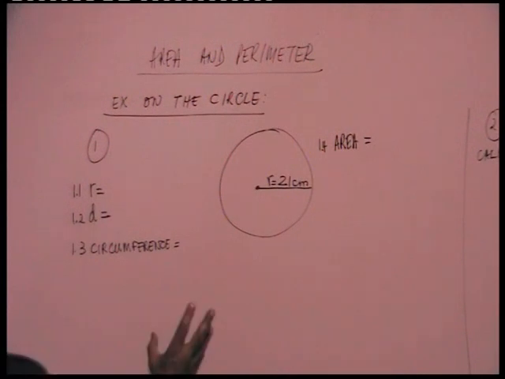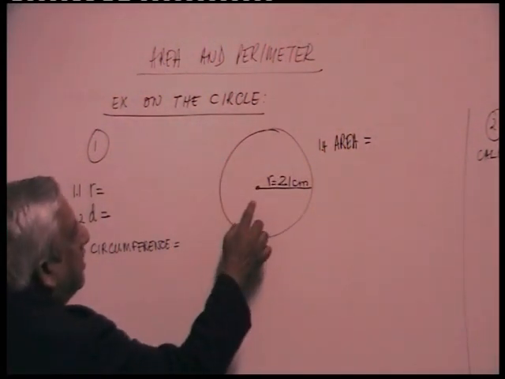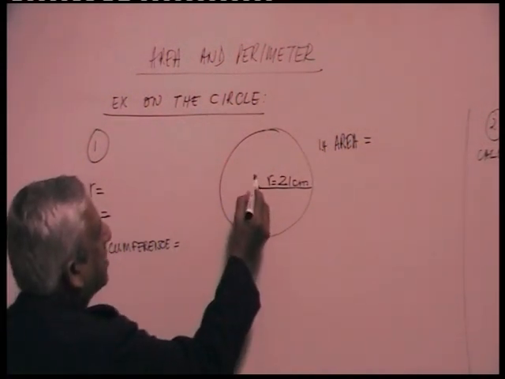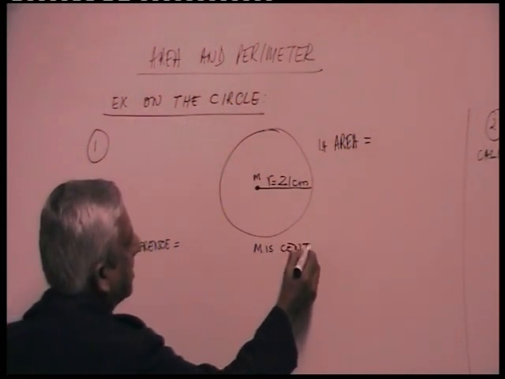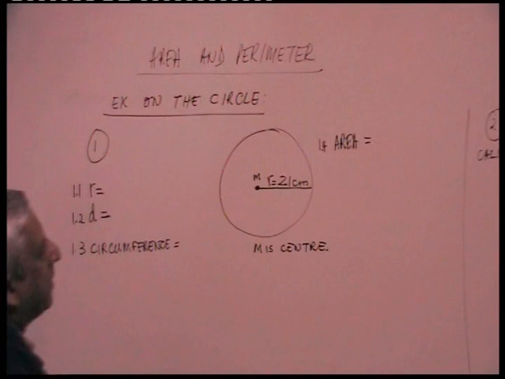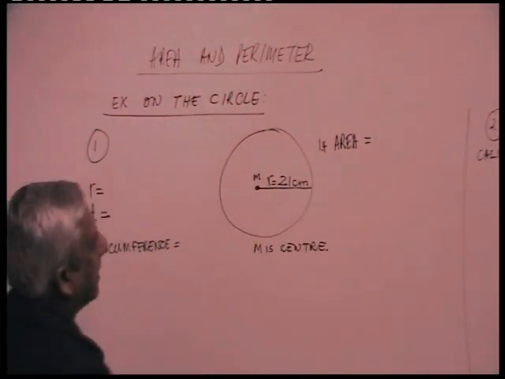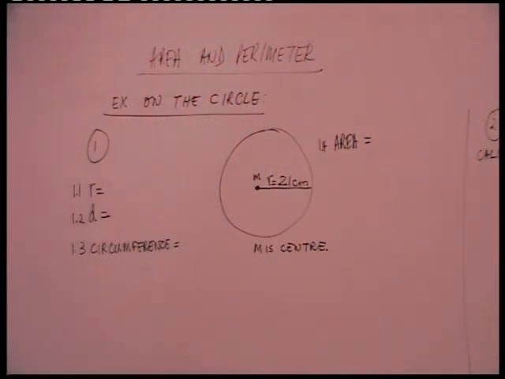Alright, here's a little exercise on the circle. In this diagram, you have a circle, and like I told you before, it's nice for me to tell you which is the center. So M is the center, and therefore R is a radius, and you can see the radius measures 21 centimeters.